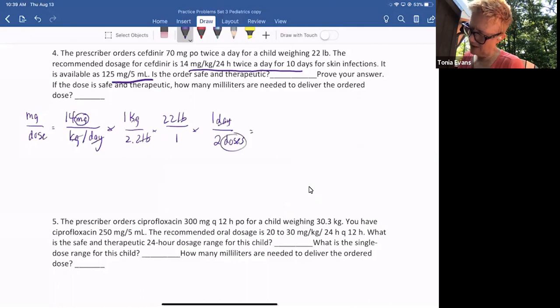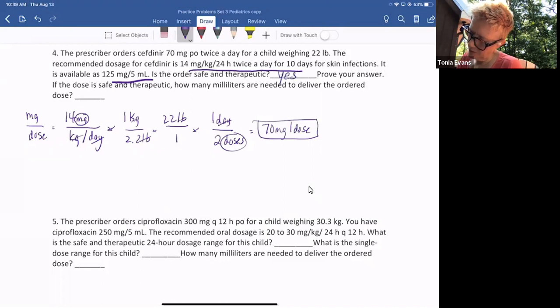Day dose, okay. 14 times 22 divided by 2.2 divided by 2 equals 70 milligrams per dose. So there's our therapeutic dose.